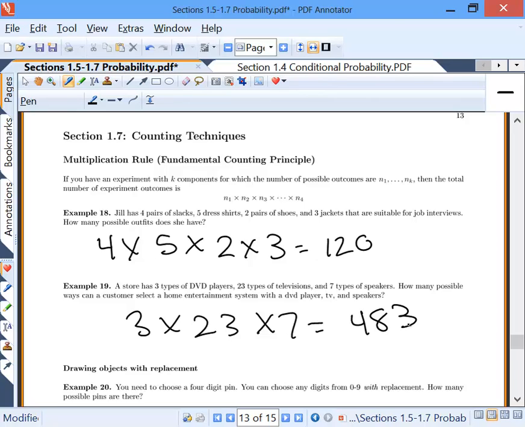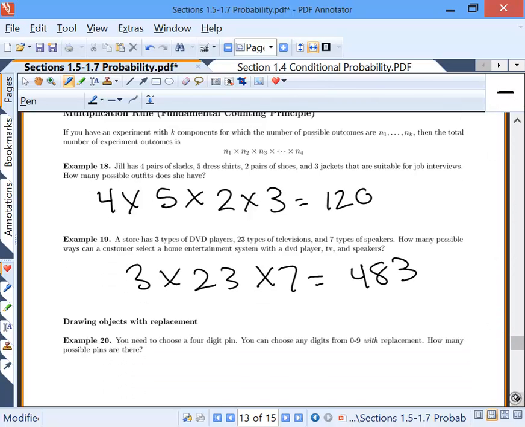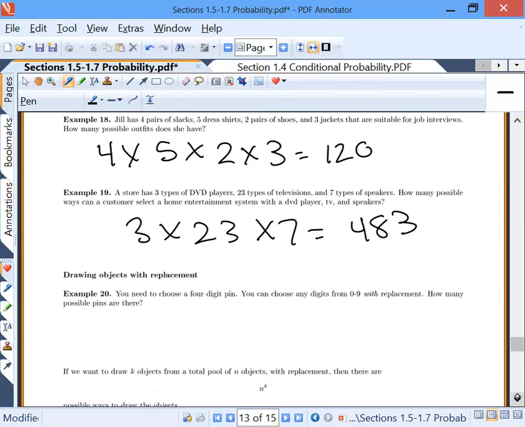So 483. That's the different ways that they can make their entertainment system. At this point, you've probably figured that out intuitively as you did your tree diagrams. If I have hearts or not hearts 3 times in a row, then I have 2 times 2 times 2, so 8 possible combinations.